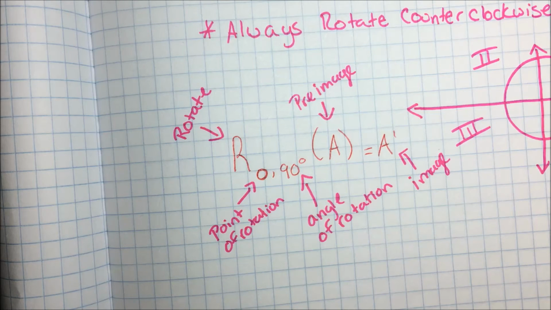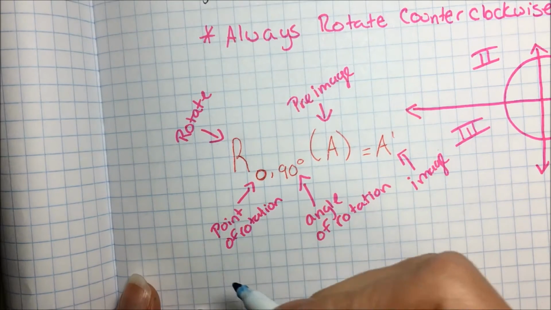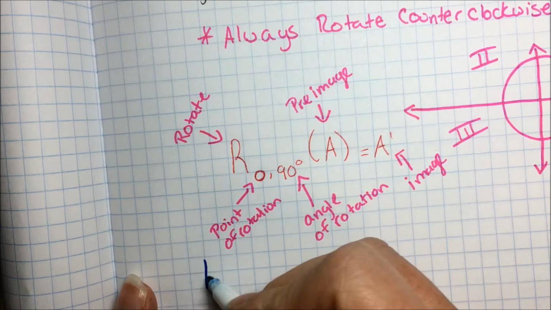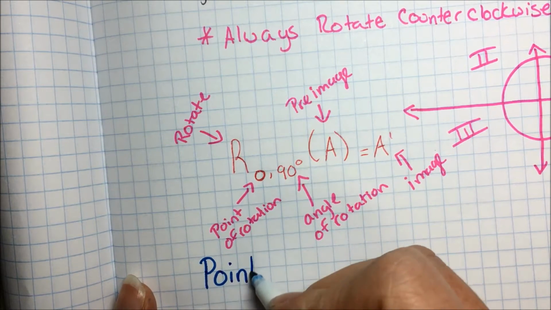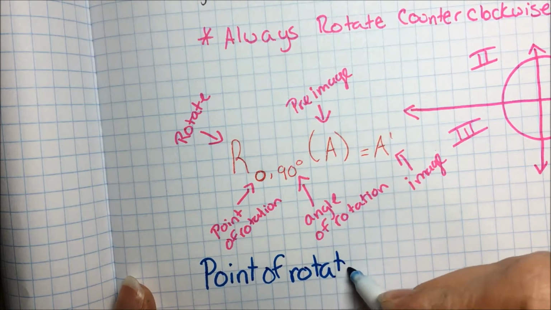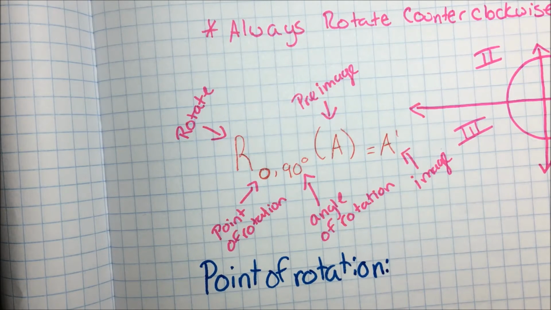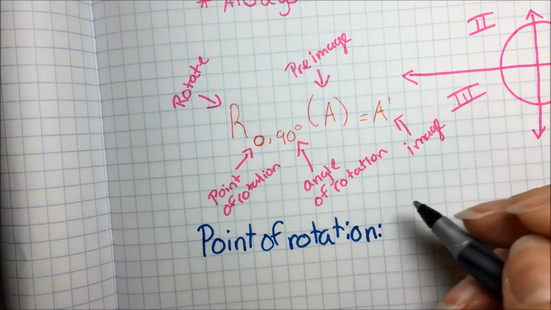Okay, so what is the point of rotation? Let me make sure I write down exactly what the right definition is. Point of rotation is the point around which the pre-image is rotated.